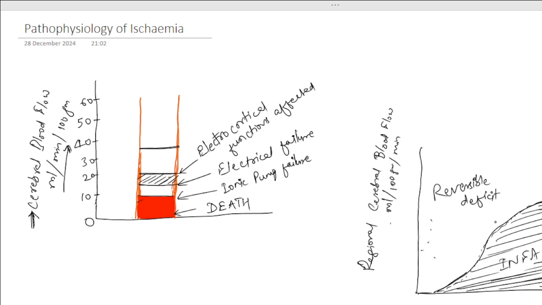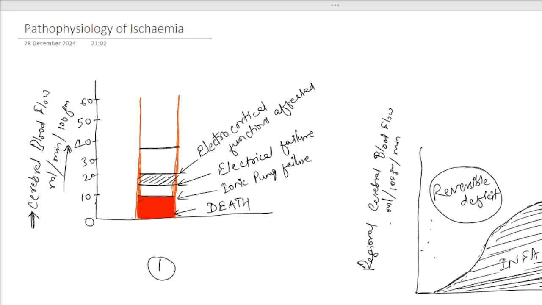The less the duration, there is always a chance of reversible deficit. You understood? So these two graphs, graph number 1 and graph number 2, are to make you understand. Keep them in mind, and always try to recollect through these graphs whenever you revise.